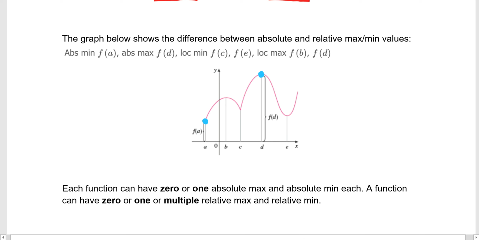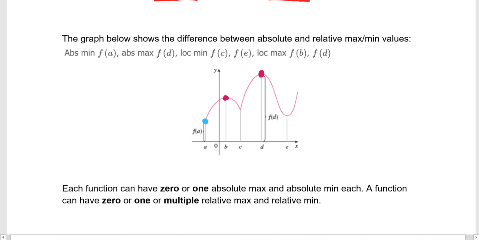But then we also have relative max and relative min. We have a relative max right here at f of b, and it looks like that is one of two relative max.